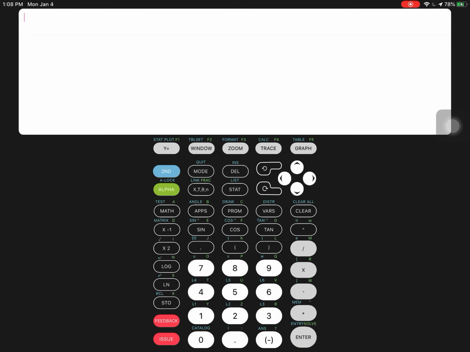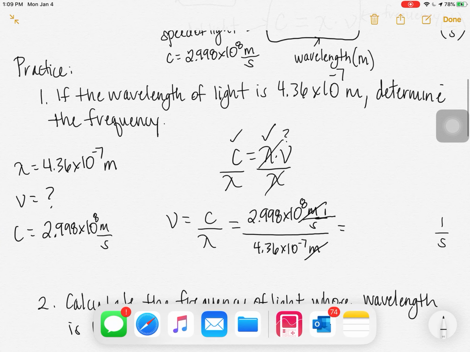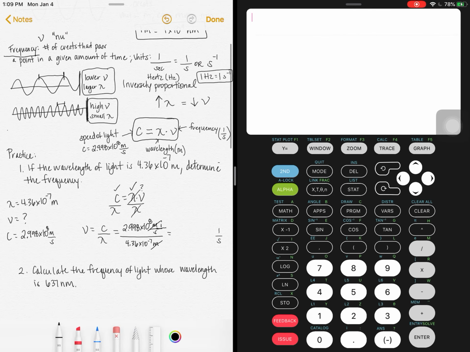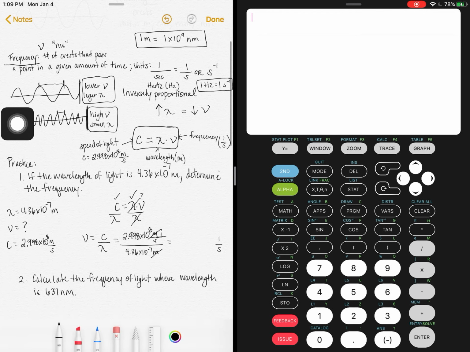Okay, so, all right, I had to make sure it was in my recent apps. Okay, so here we go. So I am looking to do this right here. Okay, I wonder if I can zoom this. Nope, it's all right. So if you're using this calculator, you're going to enter 2.998. And then remember, you're never going to type times 10.